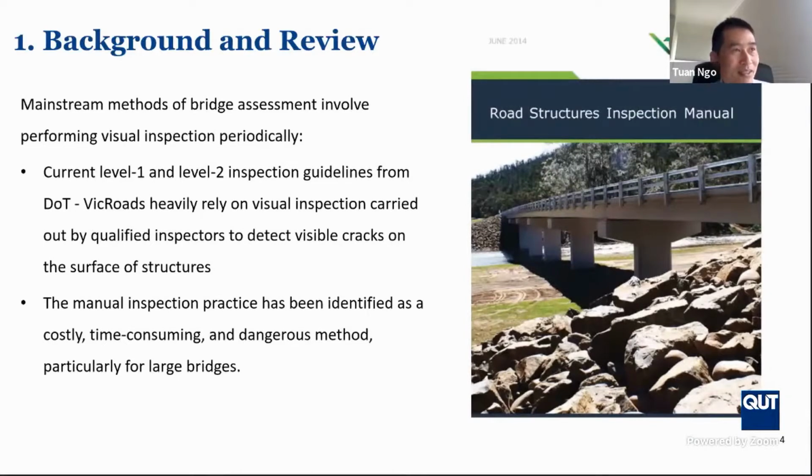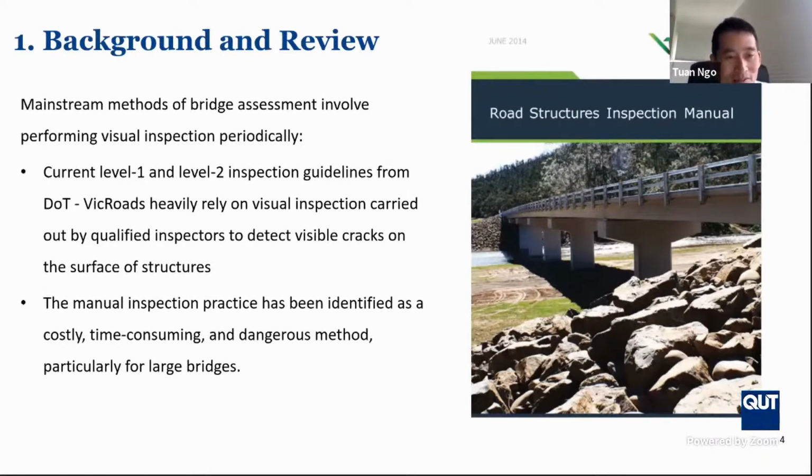For bridges in general, we have different methods. There's the mainstream method. In Victoria, for example, level 1 and level 2 inspection rely on visual inspection. We need a qualified person, an inspector, to detect any damage. It can be cracks on the surface of a bridge.